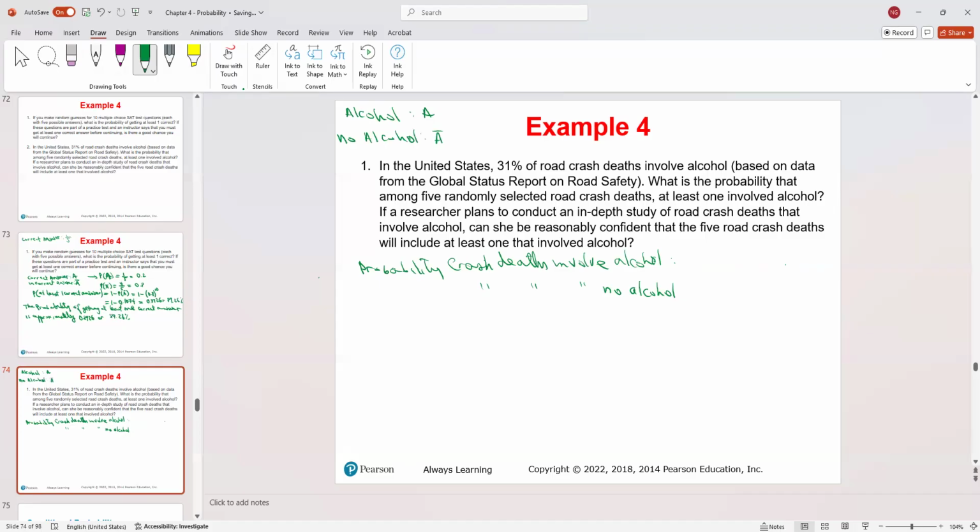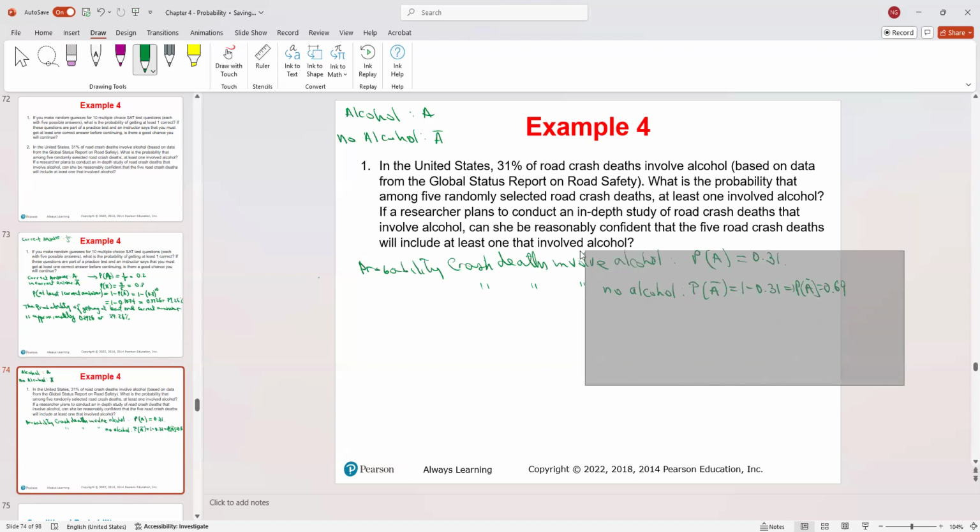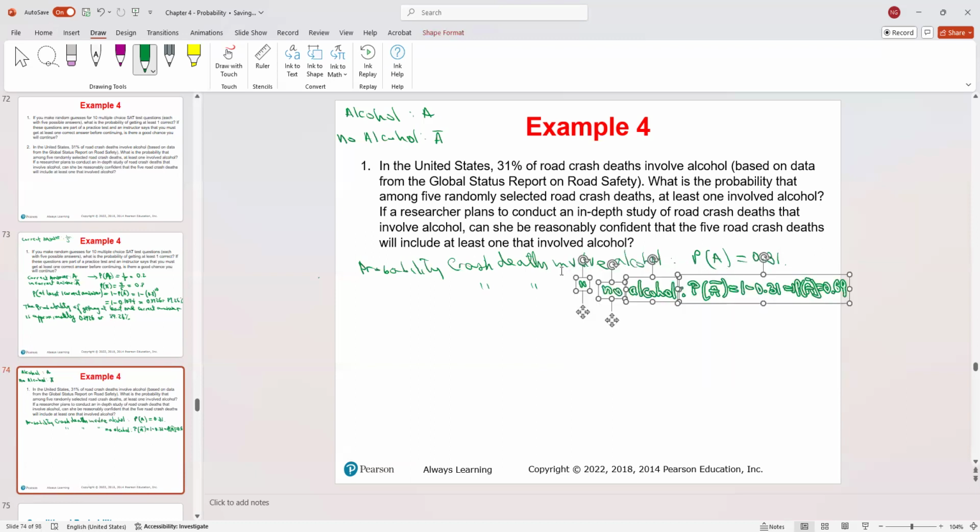I'm going to call a crash involving alcohol A, and a crash with no alcohol not A. So the probability of A is 0.31. What is the probability of not A? Yes, it's 1 minus 0.31, so the probability of not A is 0.69. We're going to keep 0.69 for now because it makes it much easier to verify.